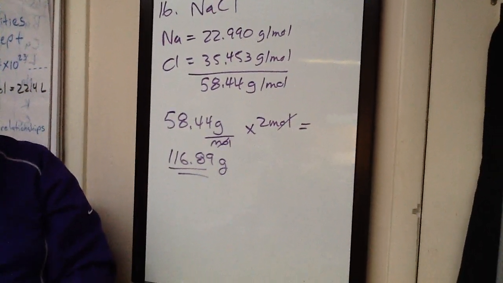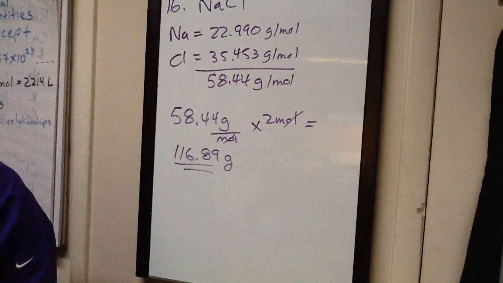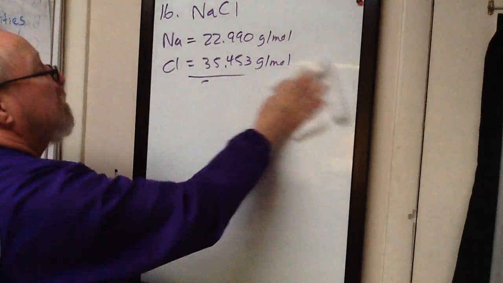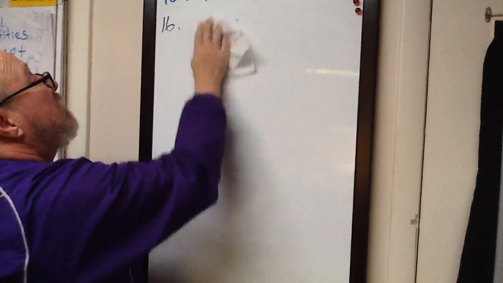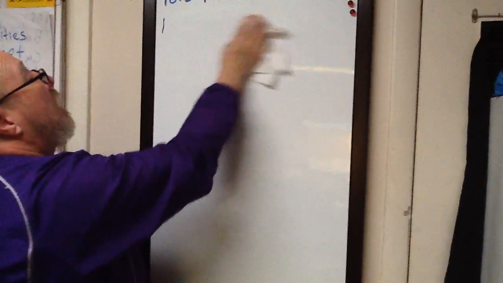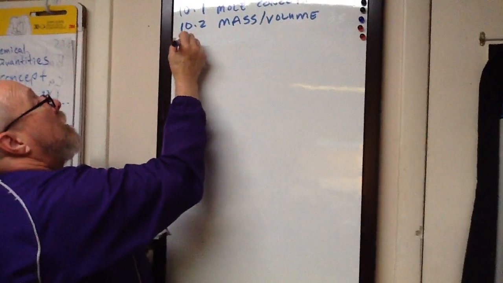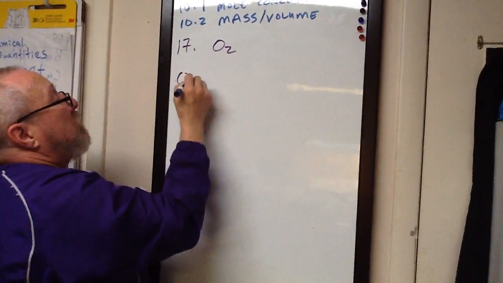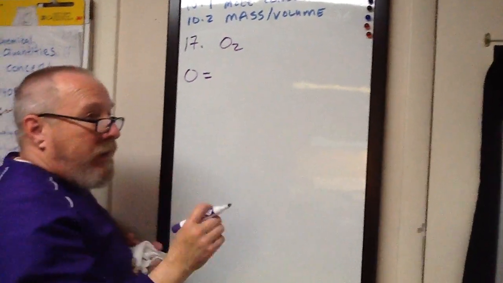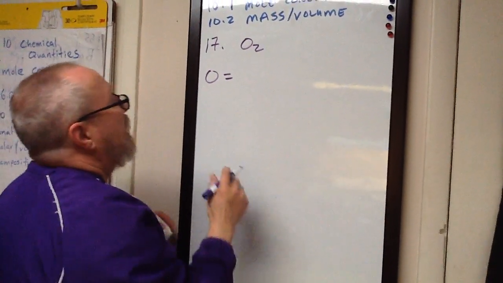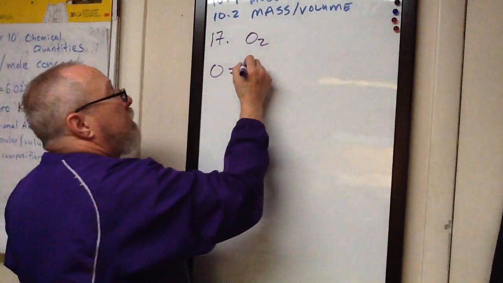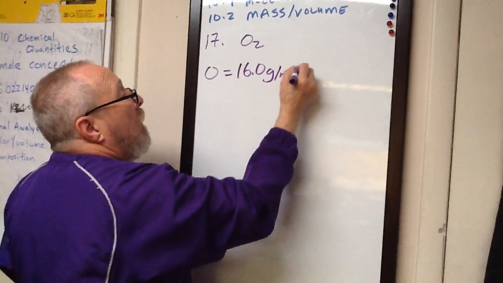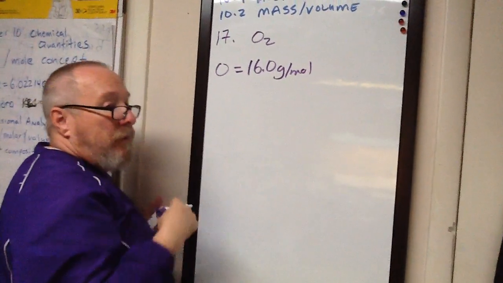So, the next one says, how many moles are there in 16 grams of oxygen? So question 17 asks me, I have O2, oxygen is equal to 15.999 something, and if you simplify that, it's 16.0 grams per mole, but I am dealing with molecular oxygen.